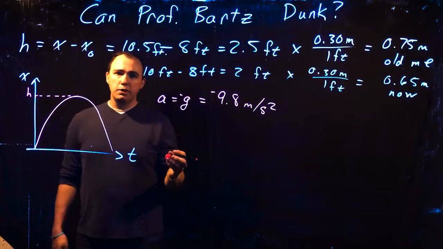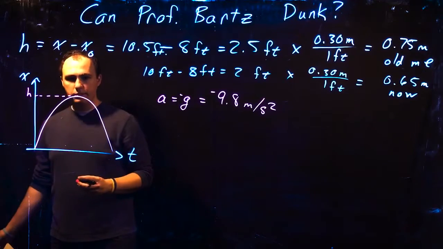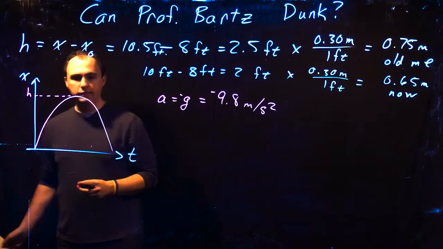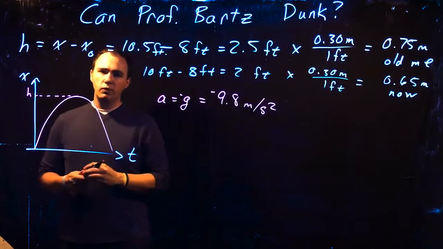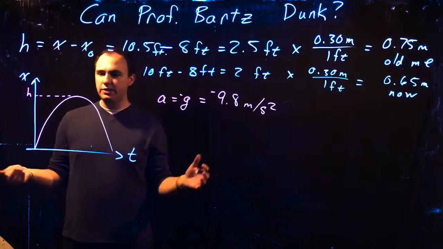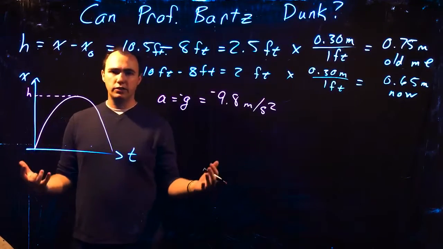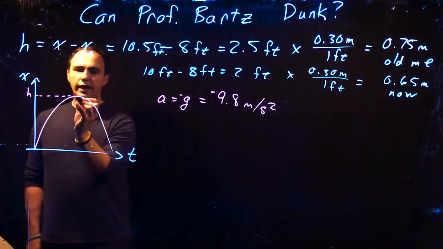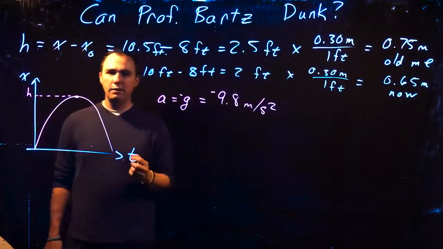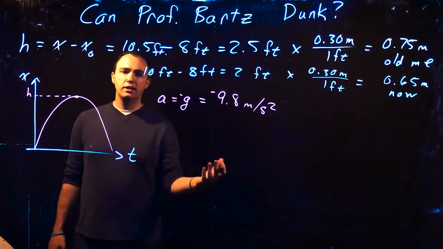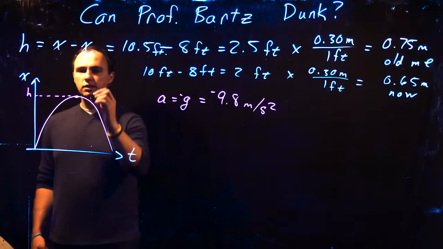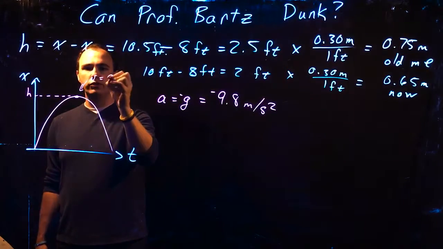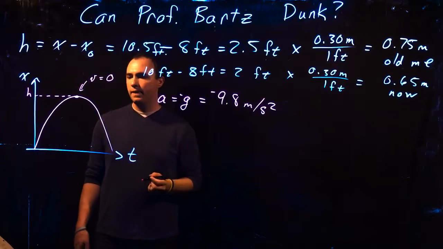Okay, but we know some other facts about some interesting points on this graph that will help us. So the interesting points are ones where we know extra stuff for free. So I know for free, at the top of my jump, that my velocity is equal to 0, right? It's v equals 0 at that point.